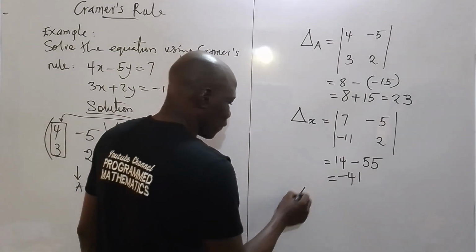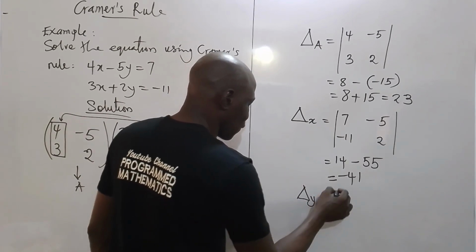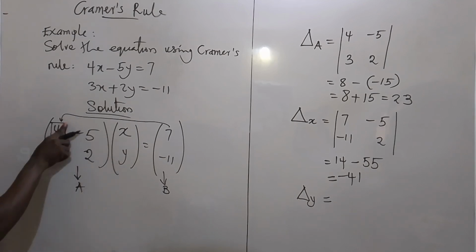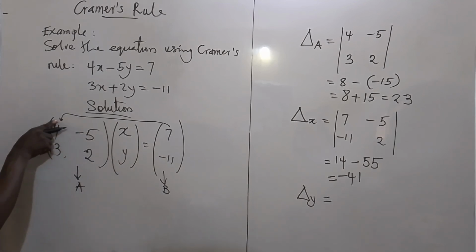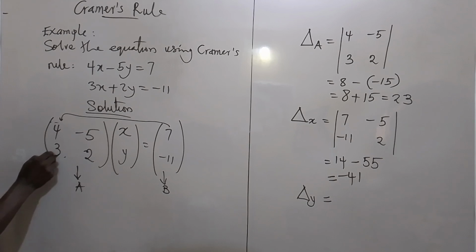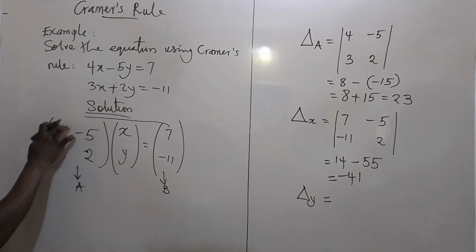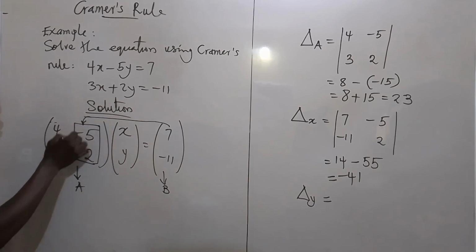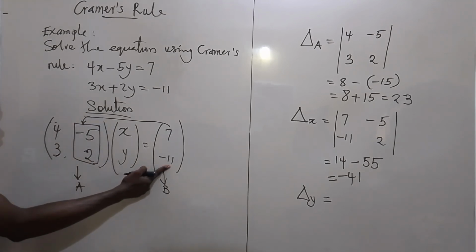Then for delta y, we do the same thing, but in the case of delta y, we need to replace the y column. So we leave the x column and go to the y column. This is the y column here. We replace the y column with this column here.